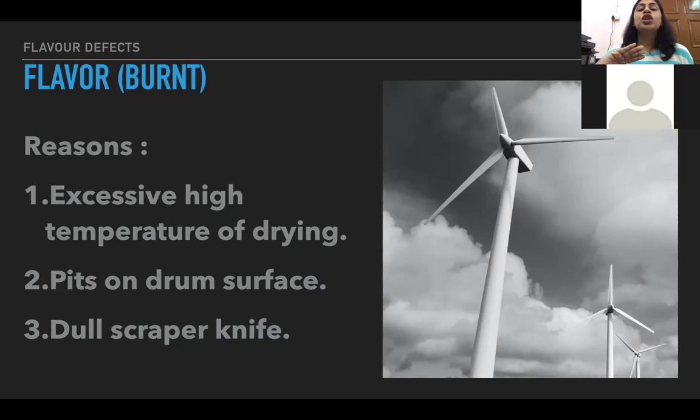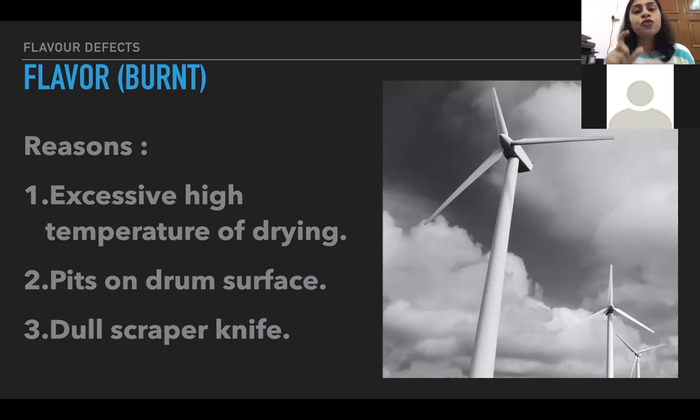As a result, the whole product gets a burnt flavor. And the third is a dull scraper knife. If the scraper knife is not sharp enough, the product is not removed properly from the drum surface, completely scraped. So the product is not properly removed, and the contact time increases.